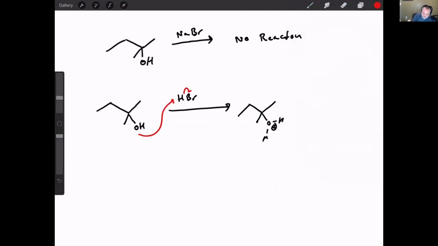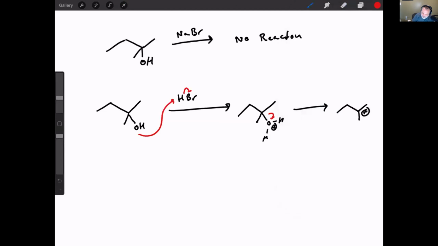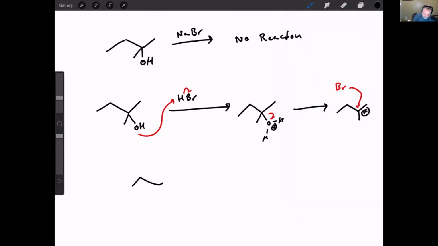And this starts that substitution reaction moving now. I've got the loss of a leaving group. I form an intermediate carbocation. And now that bromide that is hanging around can do the nucleophilic attack. Let me draw that a little less sloppy. And I can add it on.